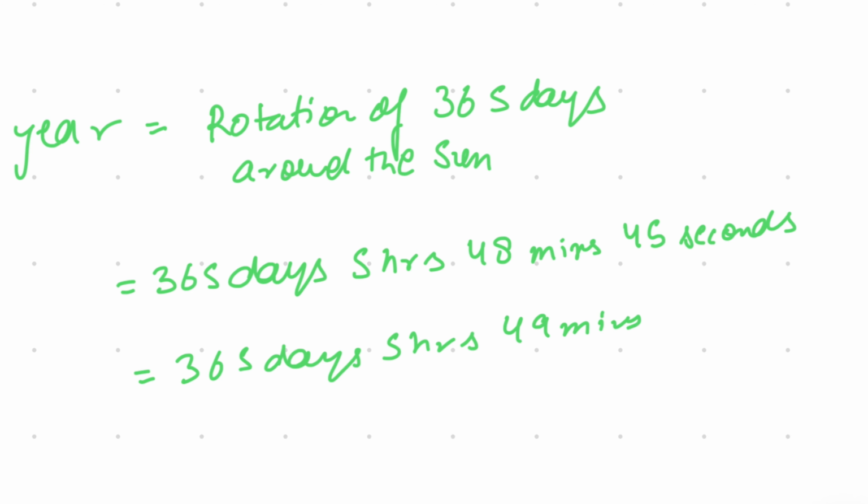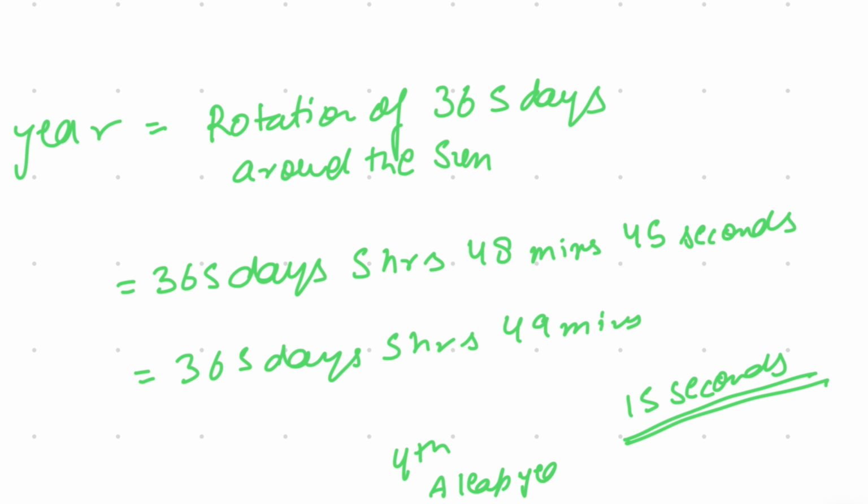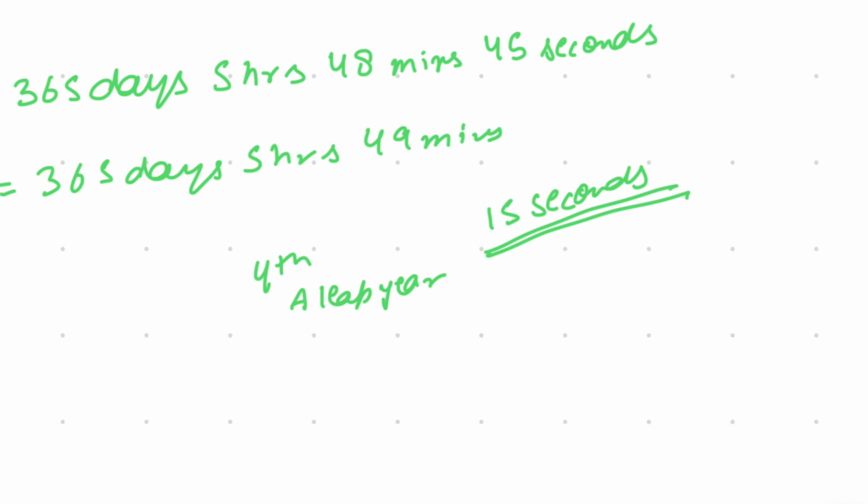So to compensate this 15 seconds, we take every 4th year as a leap year. Means we add one more day to our calendar, that is 29th of February, and that year we call a leap year and it has 366 days.